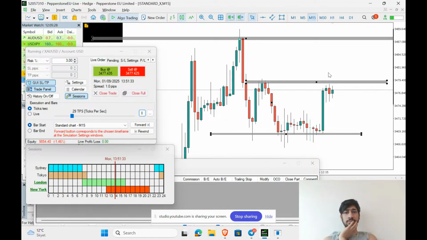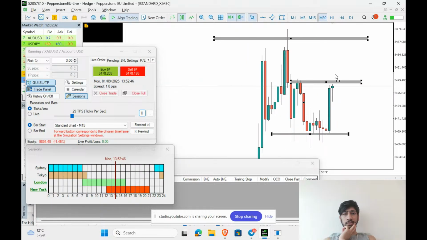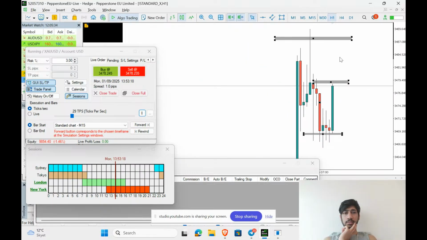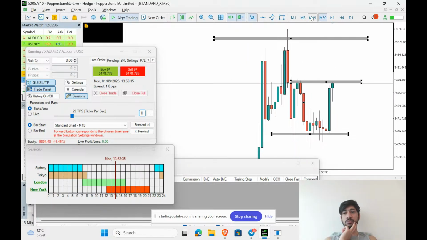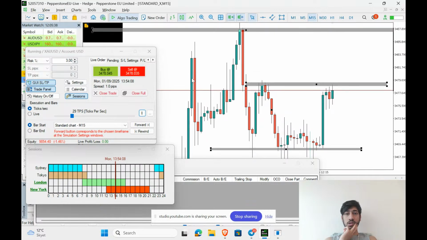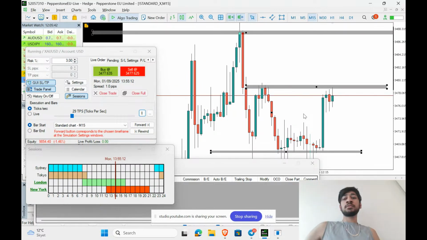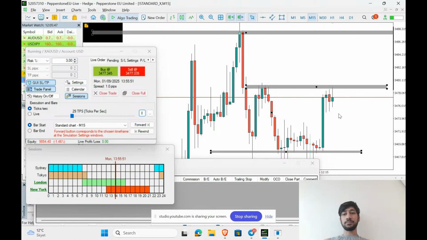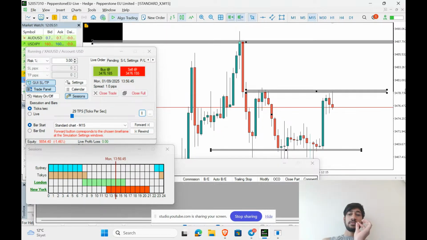Even if this wicks down and closes above this, I would be willing to buy, because at that point H1 would be closing super bullish, right? But if this candle just forms like this, then nothing. So that's my rules. If I want to make money in the market, I have to follow my rules.